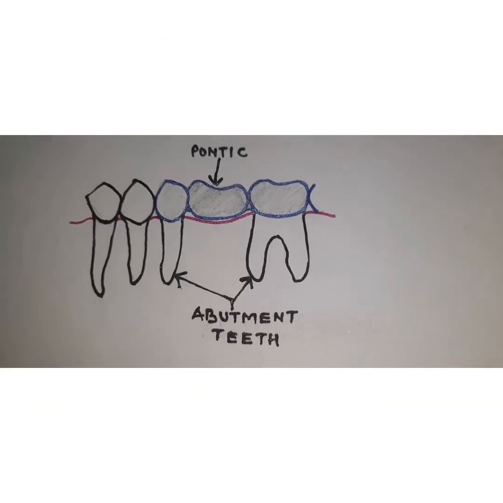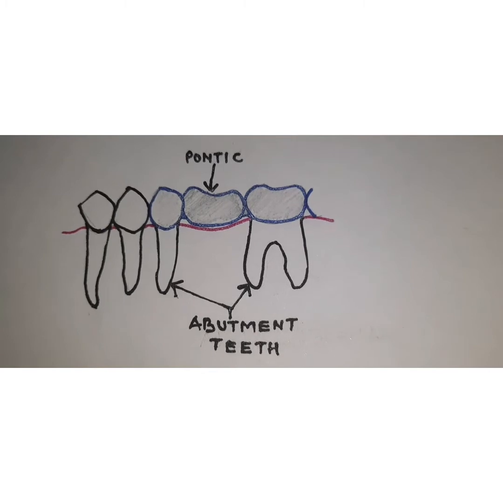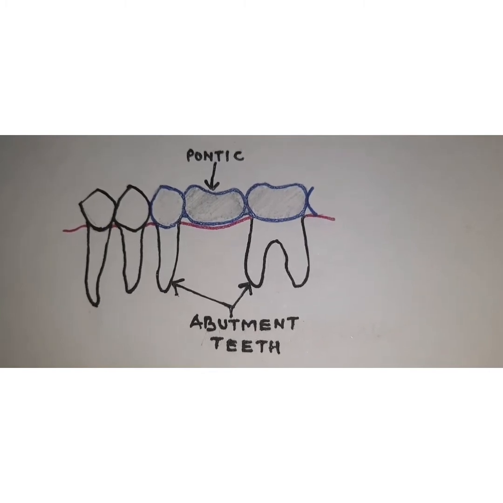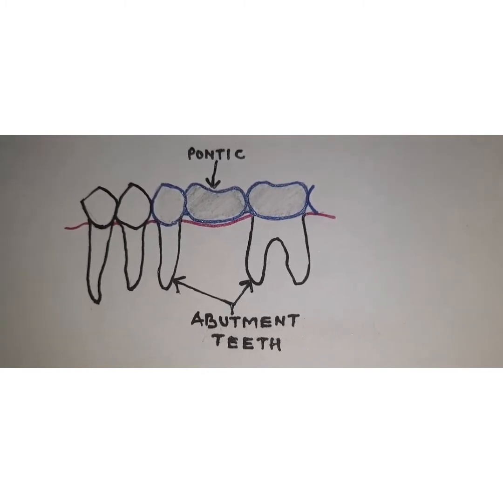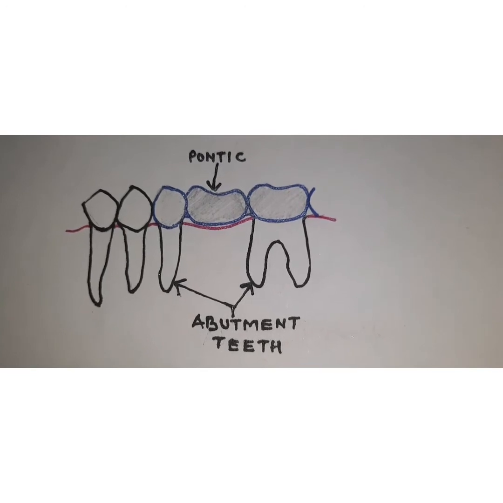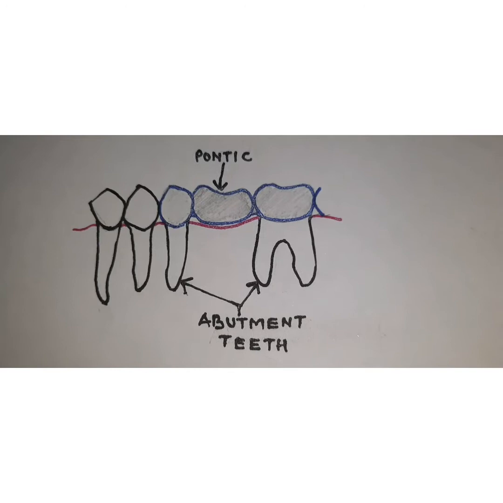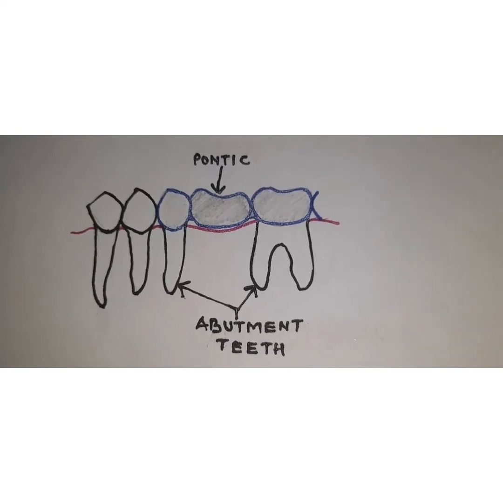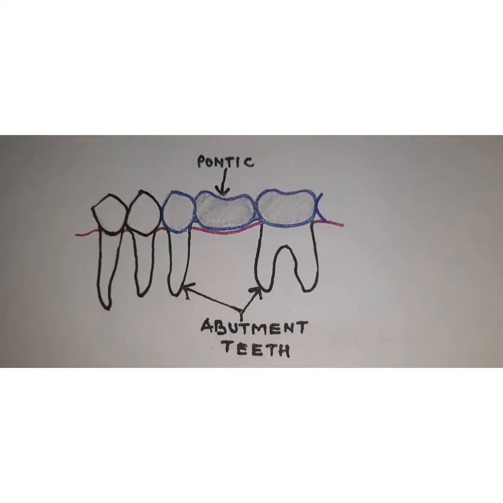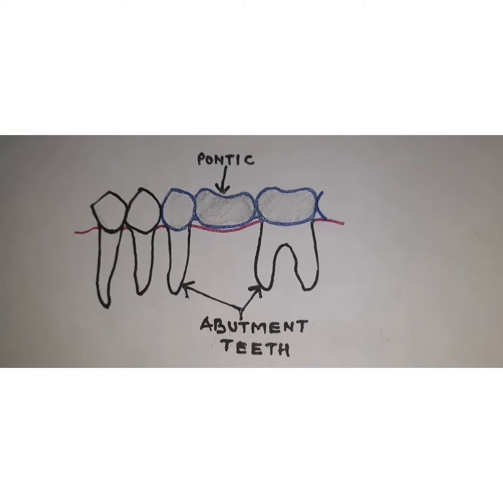Now, we often talk about success in fixed partial dentures, and that relates to comfort, meeting the aesthetic need of the patient, and also addressing the function of the patient, and all this should be in harmony with the somatognathic system.